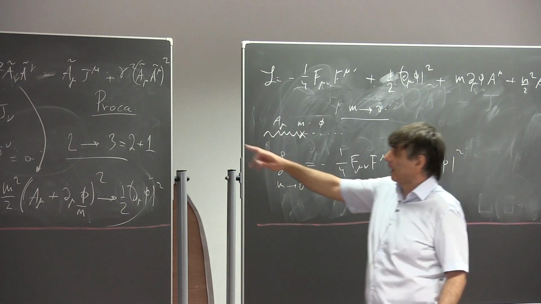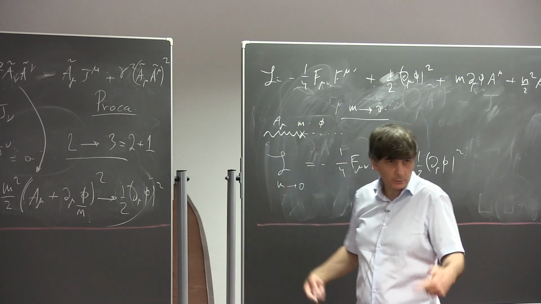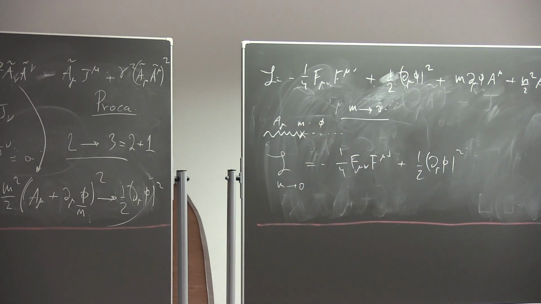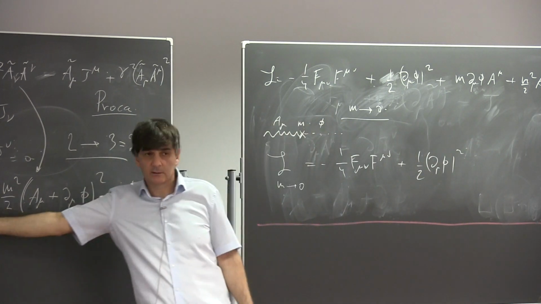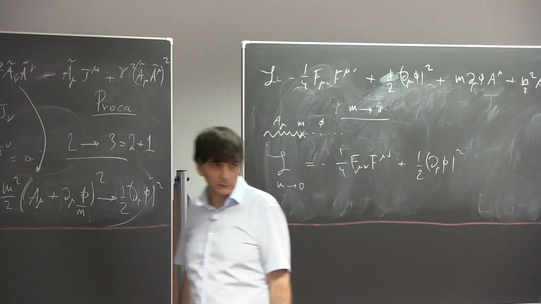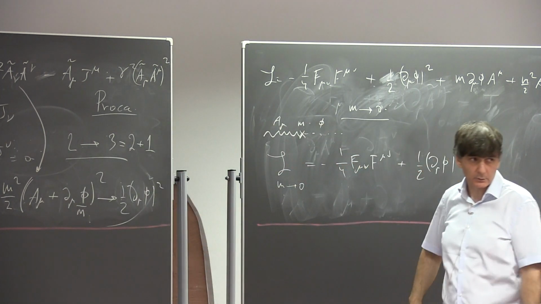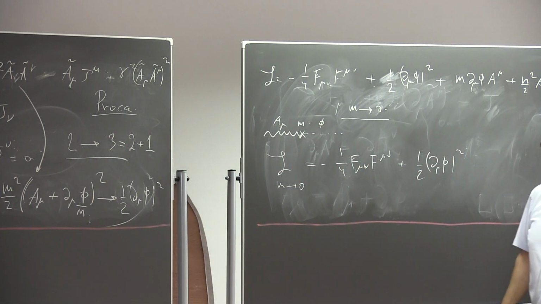This quartic interaction describes a 4-point interaction between massive photons. And naively it looks like there is nothing wrong with it, right? For sure this term maintains exactly the same gauge redundancy as we already have. It's not changing anything in terms of gauge redundancy.